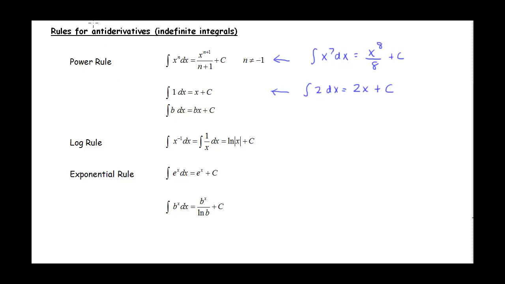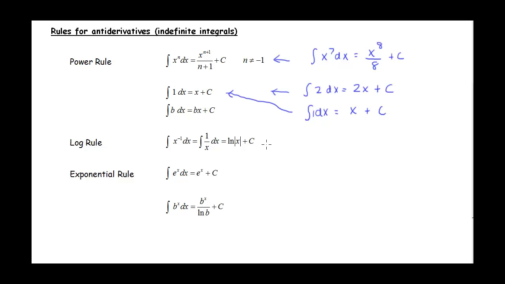It can look a little funny sometimes, because when we just have 1, maybe they write it like that, 1 dx, or maybe they just write it without the 1. If that's the case, the antiderivative is x plus c, because this is saying what function, when we take its derivative, gives us just 1 dx, and the answer here is x plus c.